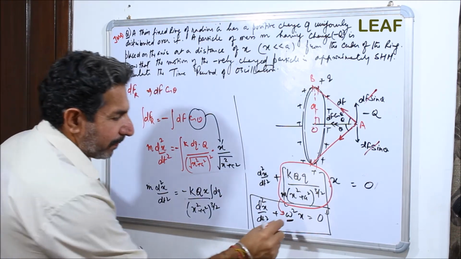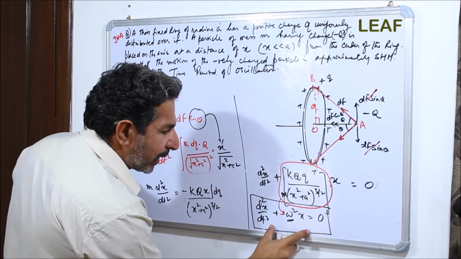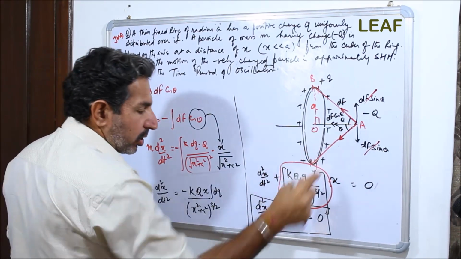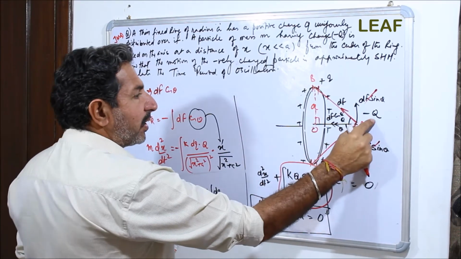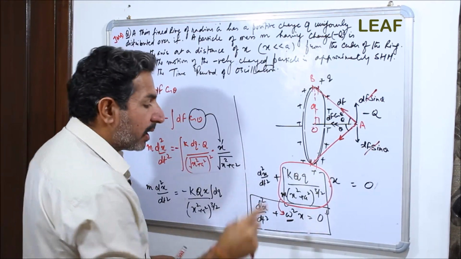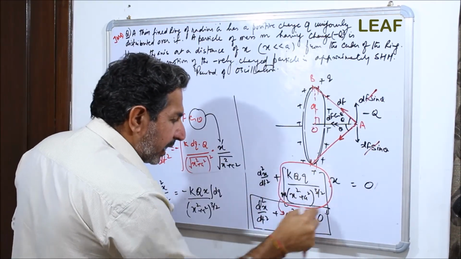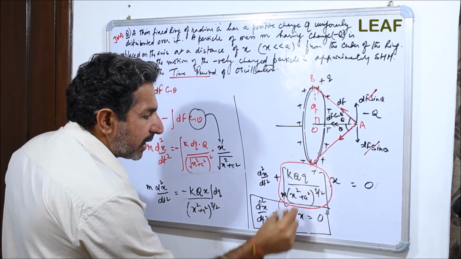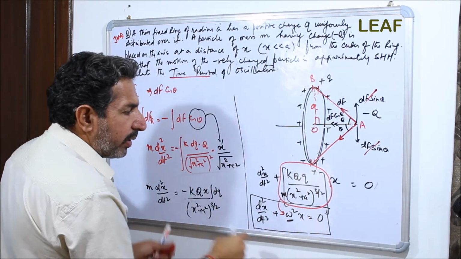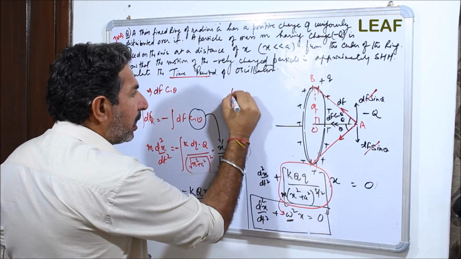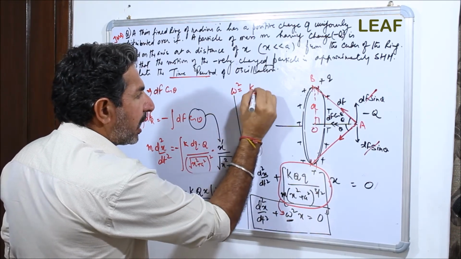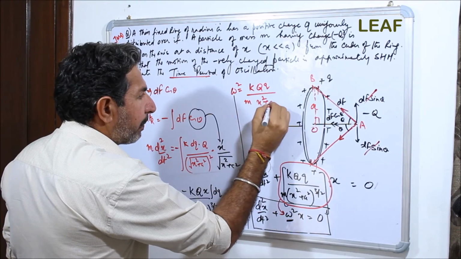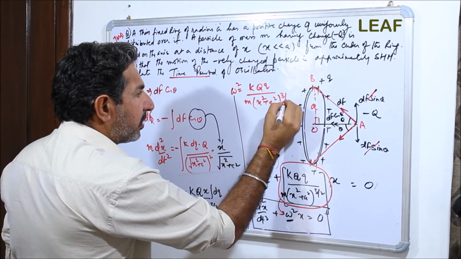Since this equation matches with this, I can say that the equation is of SHM, hence q will execute SHM. First point. Second point, this is omega square, so in order to find the time period I can use this to generate the value of T. How? Omega square is equal to kQq divided by m (x square plus a square) raised to power 3 by 2.